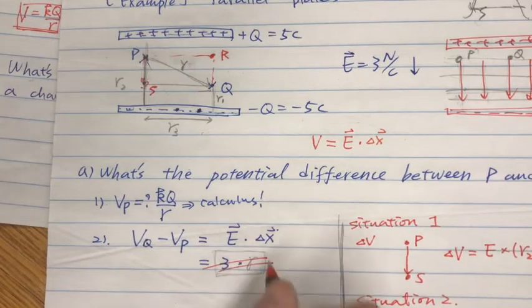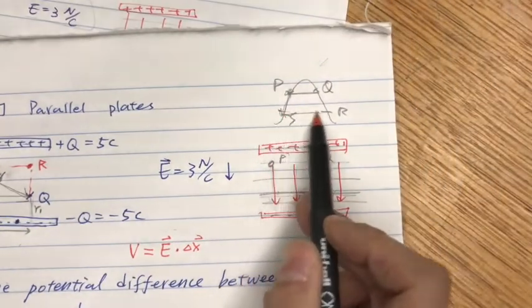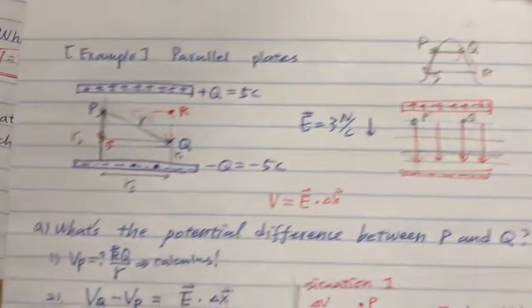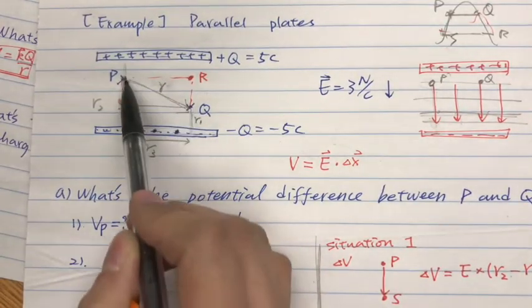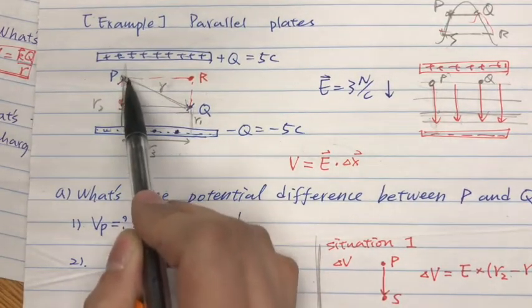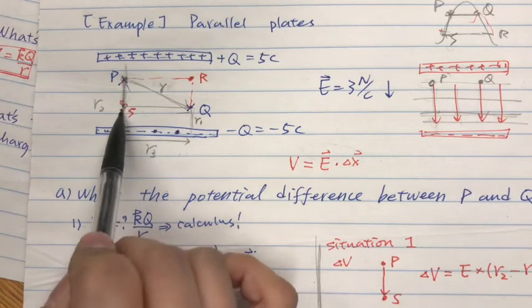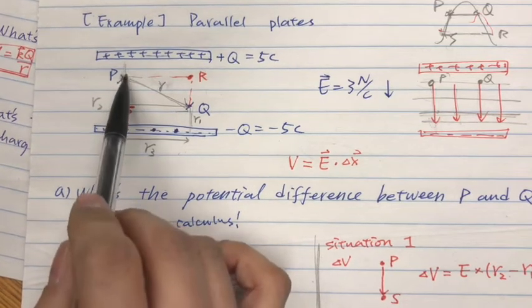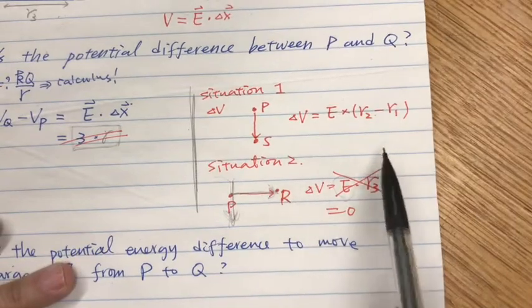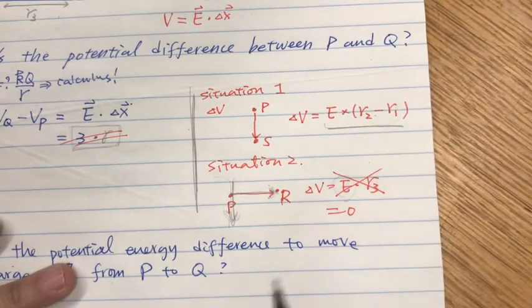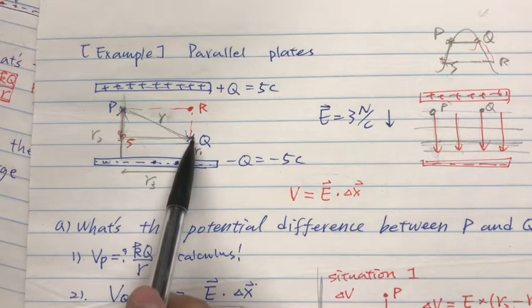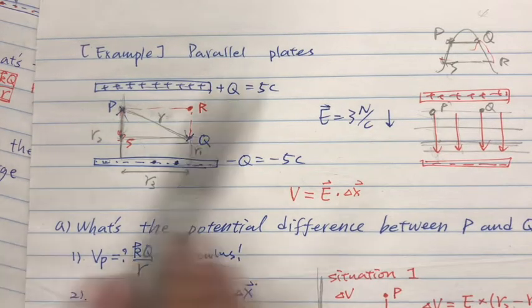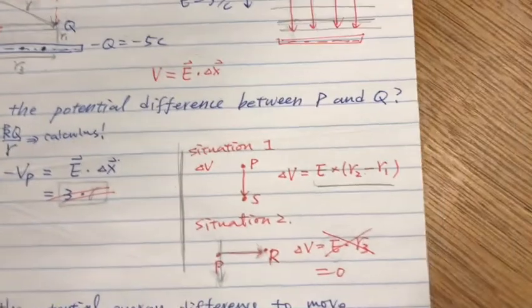Or another way is you can just move particles around. So for example, to find a potential difference between P and Q, I can first move P to S. And we know if I move from P to S, I will acquire a potential this. And now I can move from S to Q, which does not cause any potential change.